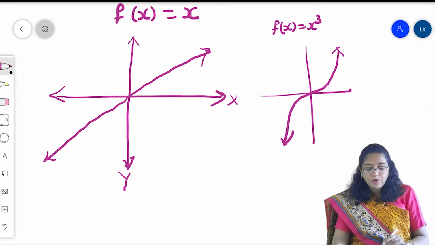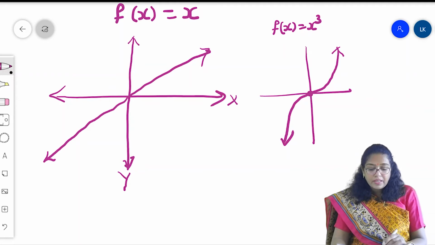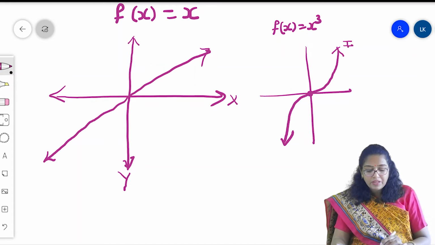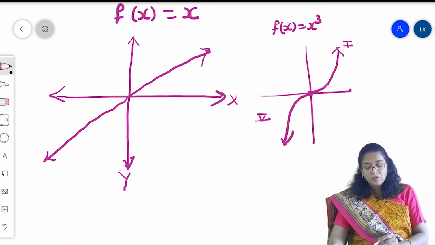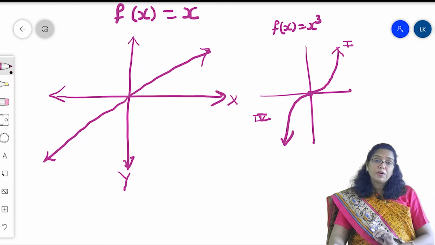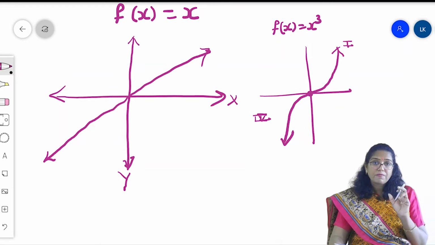If we put a mirror at the origin, then whatever the graph in the first quadrant, the same image we see in the third quadrant. That means they are said to be opposite quadrants. The graph in the first quadrant and third quadrant have the same image.